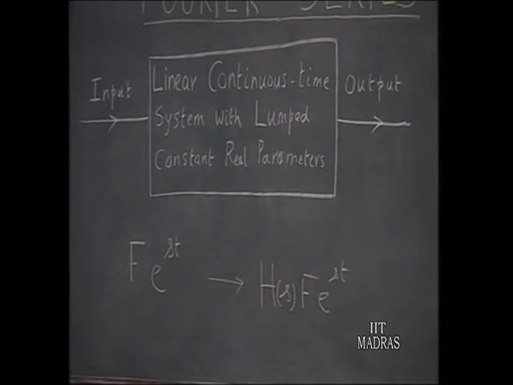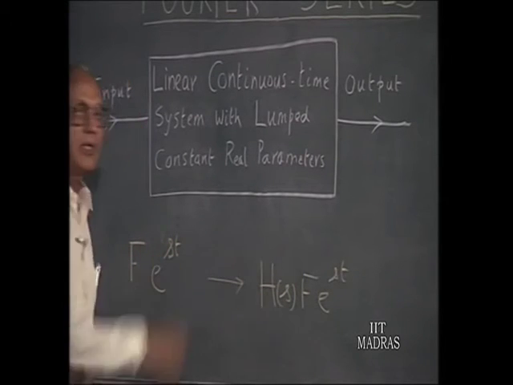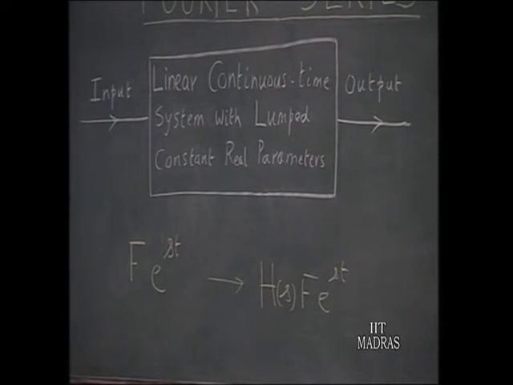That means the input and output essentially have the same time functions, except that you have a proportionality function h of s. Any signal which gives rise to that property is said to be a characteristic signal or eigen signal.